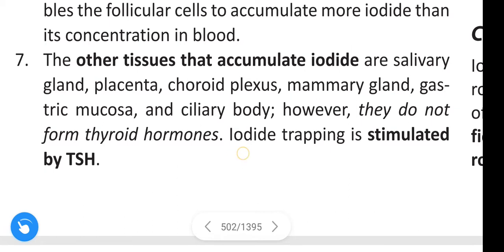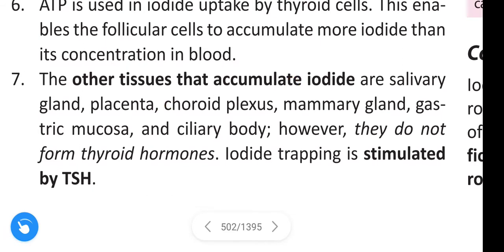Iodide trapping is stimulated by thyroid stimulating hormone.